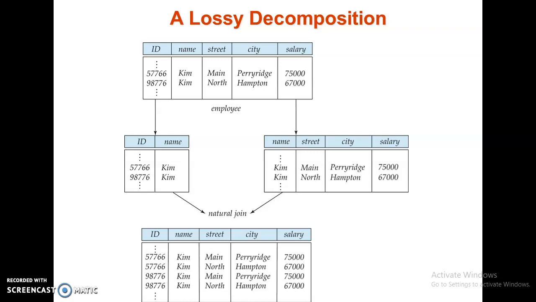Based on the previous decomposition, if you do ID and name into one relation, and name, street, city and salary into the other relation, and based on the name, if I perform a join operation, we will see a greater number of records which were not there in the original relation. This is an example of lossy decomposition.